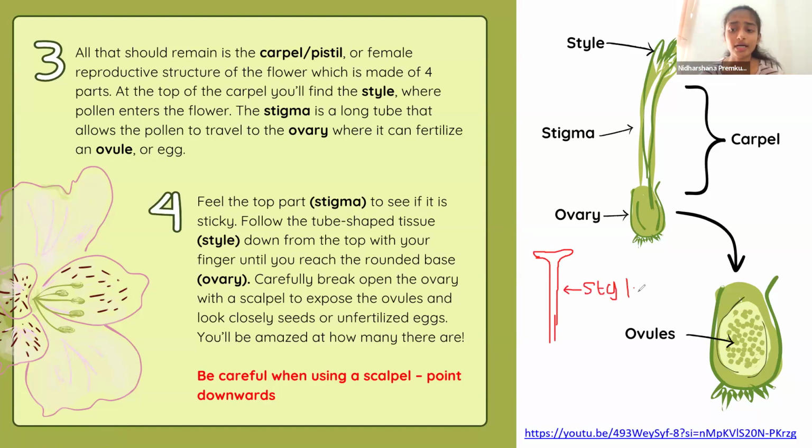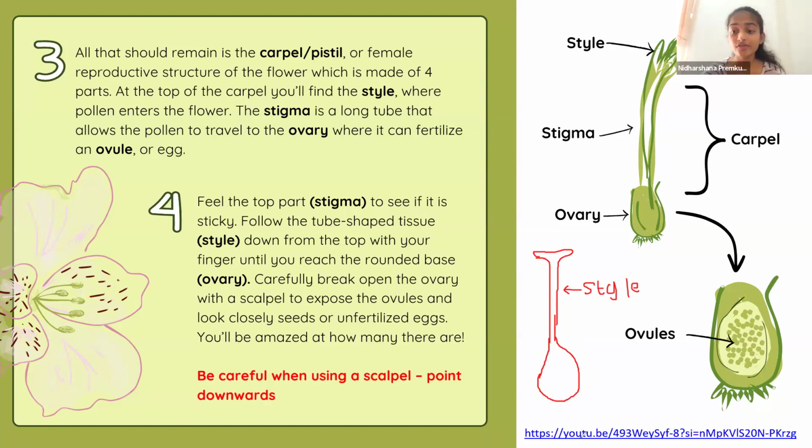Now, when you follow the tube-like structure, the style, you will see a round structure. That is our ovary. Carefully break open the ovary. You're going to dissect this ovary in the middle. What you're going to notice are the eggs or the ovules, in other words.